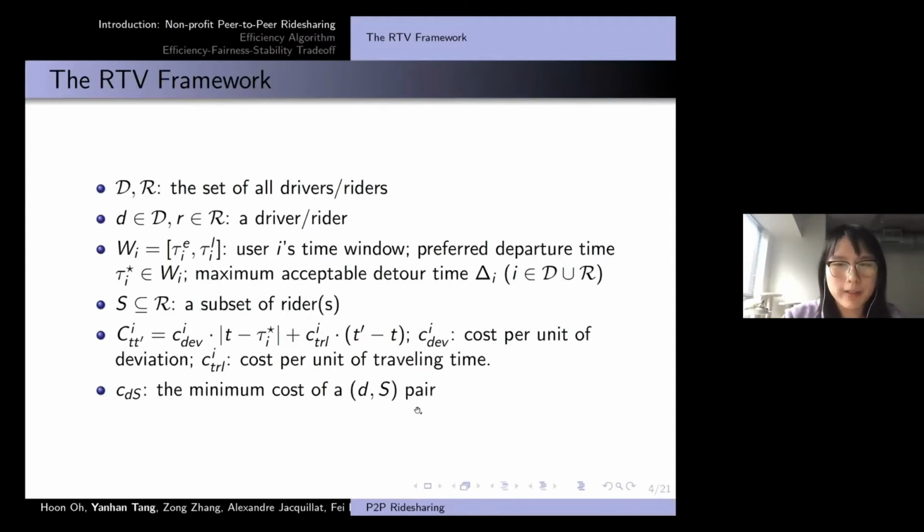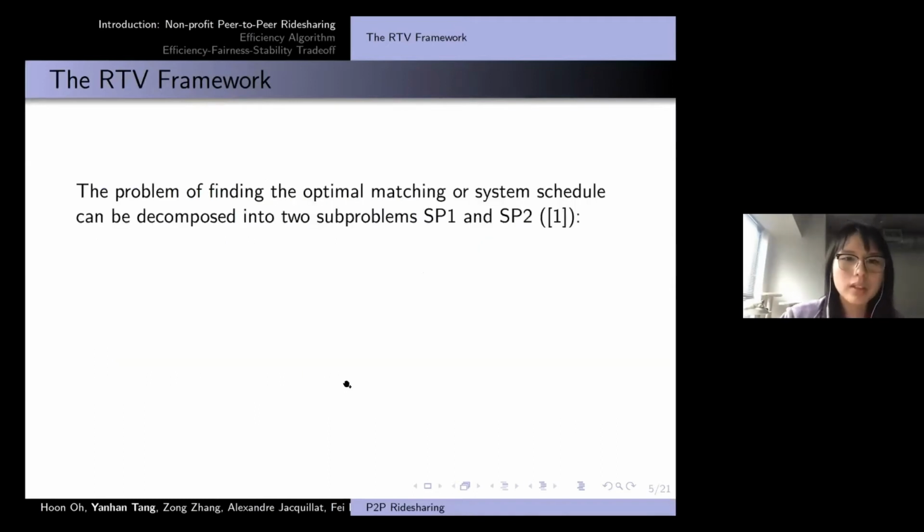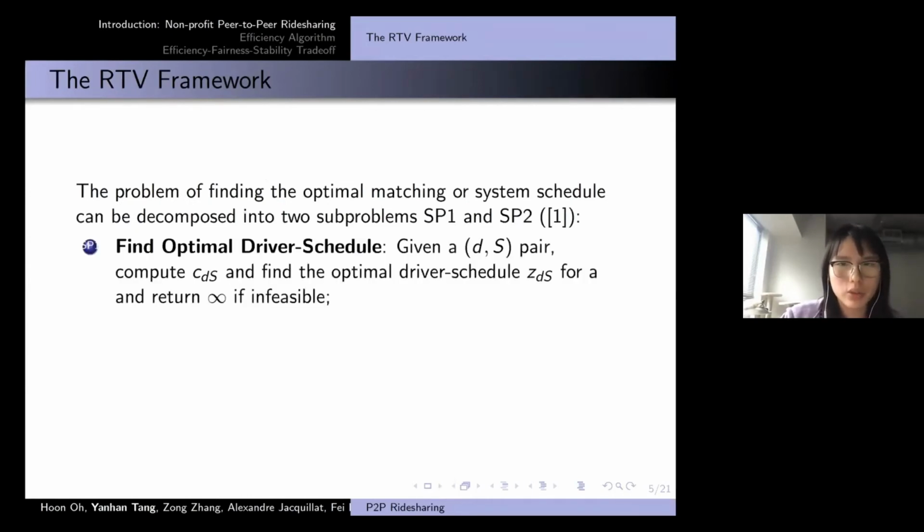A DS pair is the minimum cost of letting a driver D pick up and drop off a subset of riders, denoted as S. So the problem of finding the optimal matching for the system schedule can be decomposed into two subproblems. The first subproblem is to find the optimal driver schedule given the driver and subset of rider matchings.